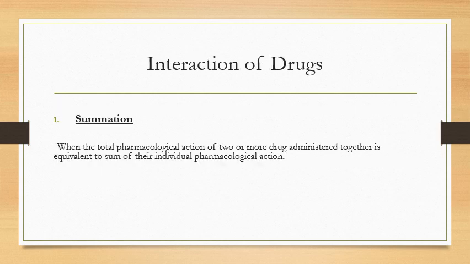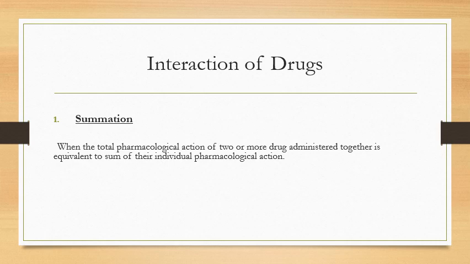Interaction of drugs. Interaction of drugs is when the effect of a combination of two or more drugs creates an action, which can be summation, synergism, or antagonism. Let's talk about summation.